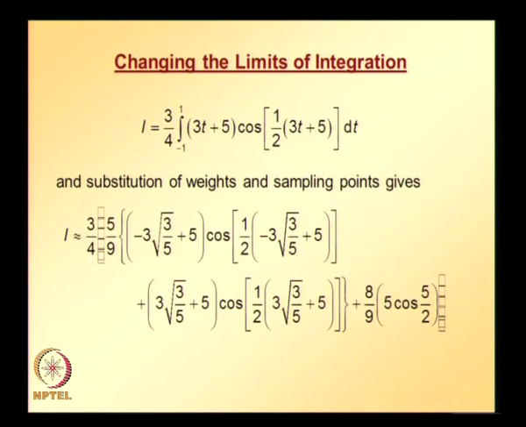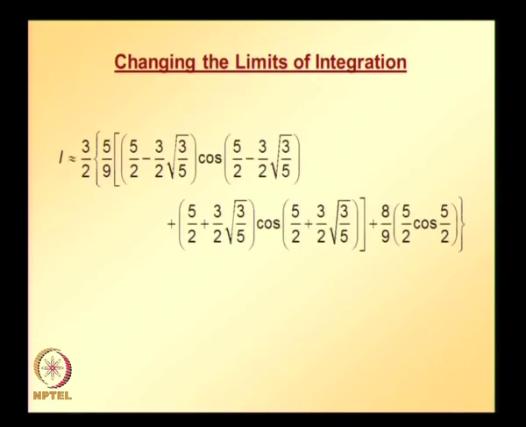When this is simplified, it turns out that the integral value is -5.0611, and when we compare this with the exact solution, which turns out to be -5.0626, it is very close. Which is very close to the exact solution.